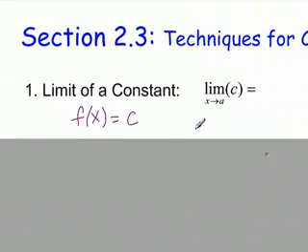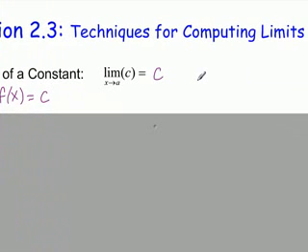If we are considering a limit as x approaches a of this function, I hope it isn't too much of a stretch to recognize that the function value is getting closer to c as x gets closer to a, because f of x is equal to c no matter what value of x we plug in. If we substitute numbers closer and closer to a, all of our y values are going to be c. So the limit of a constant is the constant.